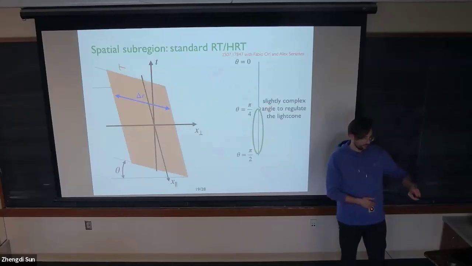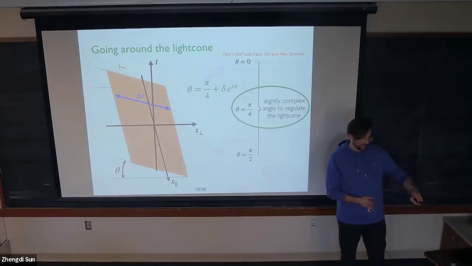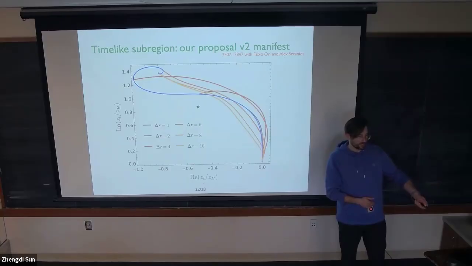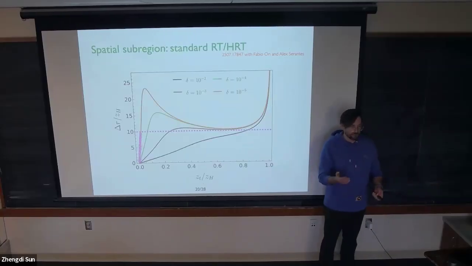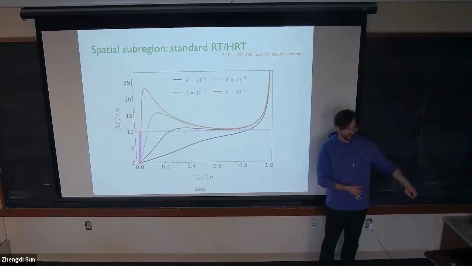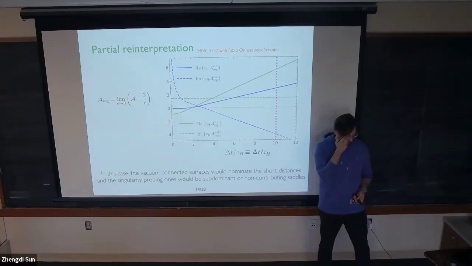And had we chosen to go along the light cone in a different way, so not say above but below, then we would be mapping into the complex conjugated branch of solution, right? So there's a way of obtaining both. But the important thing that I want to stress is that for separations that are smaller than 10, there is only one branch of solutions. So there is nothing else to analytically continue.